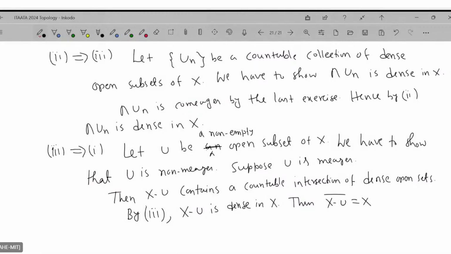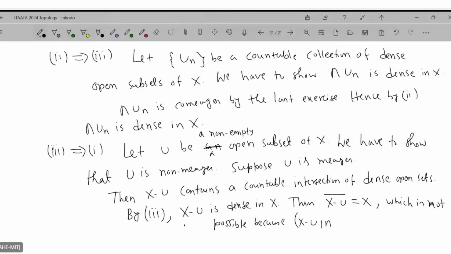But it is not possible, which is a contradiction. Why? Because X minus U intersection U is empty.